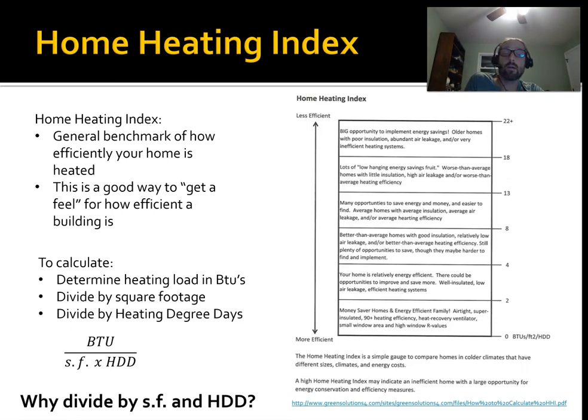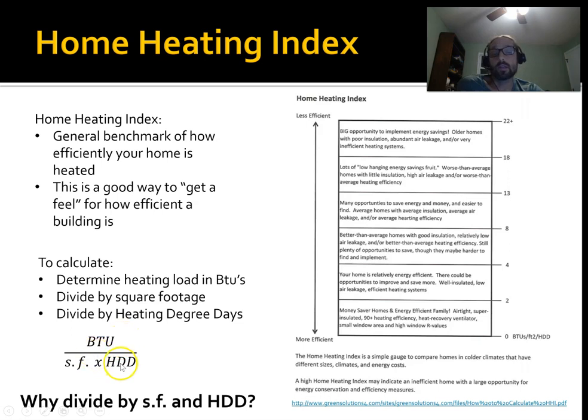So that means it's probably a bit more efficient than that smaller house. If I have this giant house that only needs the same amount of heat as your little house in the same climate, that's a really good indication that my giant house is actually pretty efficient relative to yours. That's why you divide by square footage, because it normalizes that. You would expect a house twice as big to use about twice as much heating, all else being equal.